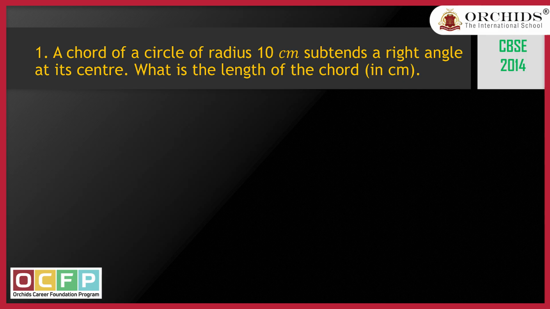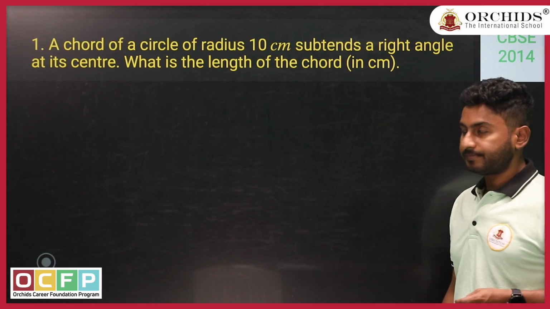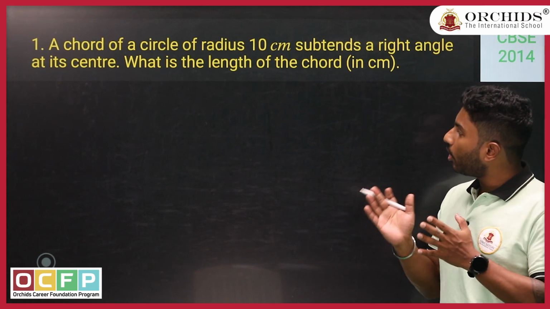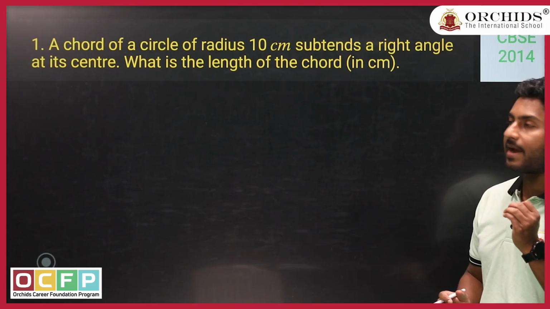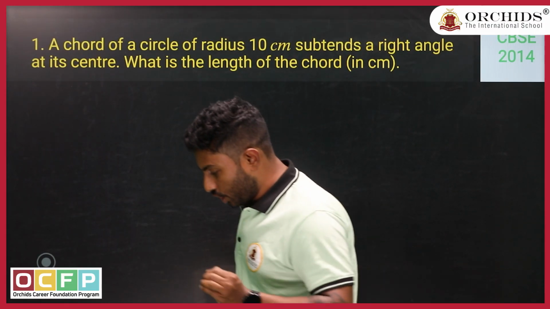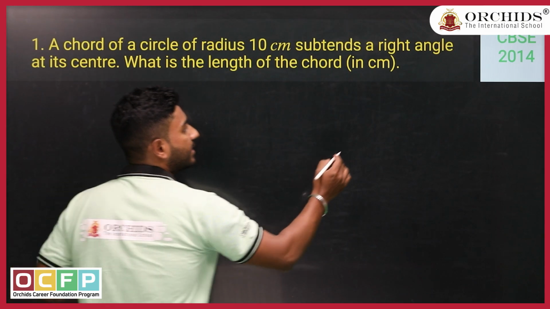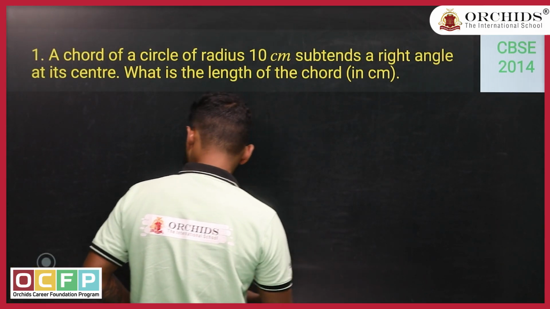Here is the first question from CBSE 2014. The question says a chord of a circle of radius 10 centimeters subtends a right angle at its center. To understand the question, let us have a diagram of it.